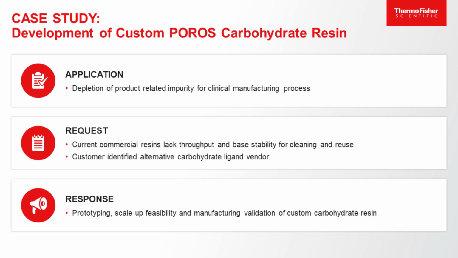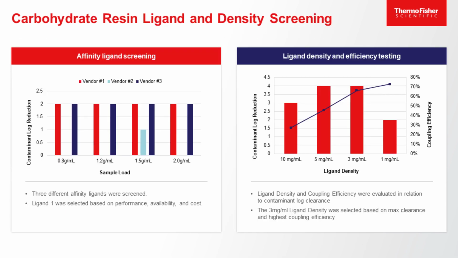And in this specific case, there was a product-related impurity, and the request of the customer, because the current commercial resins basically lacked throughput and base stability, was to come up with a product which could be used basically to move into clinical and final manufacturing. So we worked in this case together with the customers to do the prototyping, the scale up, and the manufacturing of the validation batches of this specific custom carbohydrate resin.